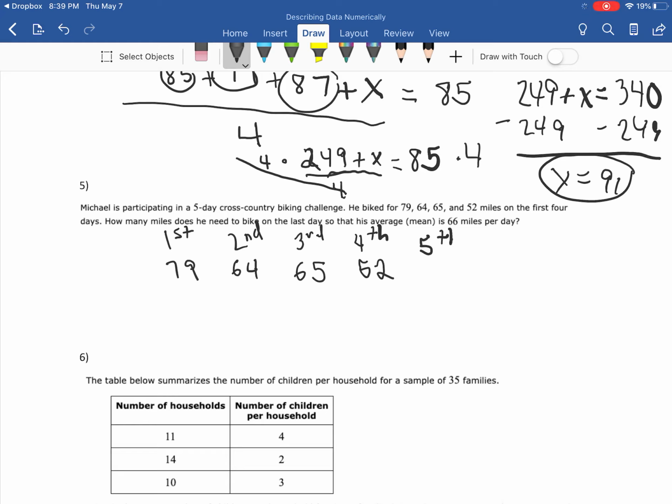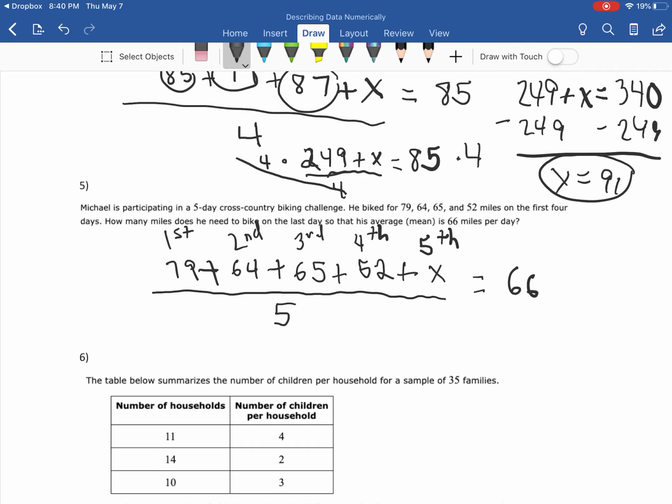So the 5th day, call that x, so that his mean or average is 66 per day. So to get the mean, it's the first day plus the second day plus the third day plus the 4th day plus the 5th day, which is x here. And when we divide that by 5, the number of days, that must be equal to 66.